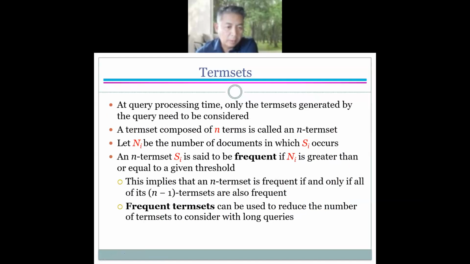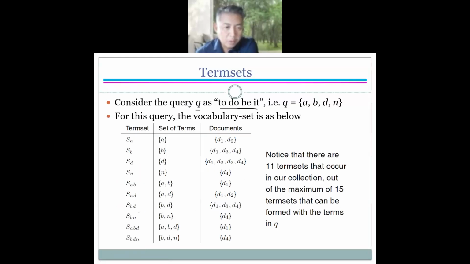Okay, let's add that one here in the example. So we have B and N already, B, D already. So now we have D and N. So D and N was to be here.